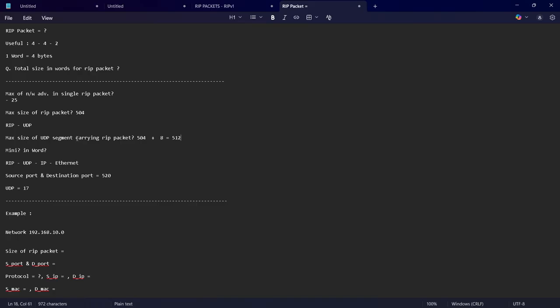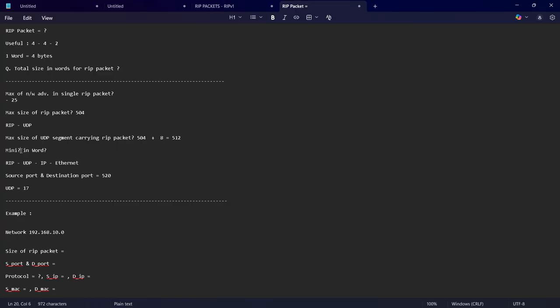Now what is the minimum size? And in words, what will be the value? So for minimum, the value will be what is the minimum size that we can advertise? That is only one network. And for that, what is the value that comes up for one network? That is 20 bytes, right? Plus 4, that is our RIP header.